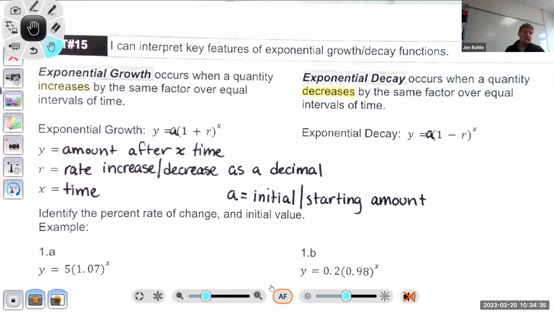Knowing these things is going to be helpful not only for learning target 15, but also for the word problem learning targets, where you're using these to solve real life problems. You're going to need to know what those all mean because they're going to have some meaning within the problem.